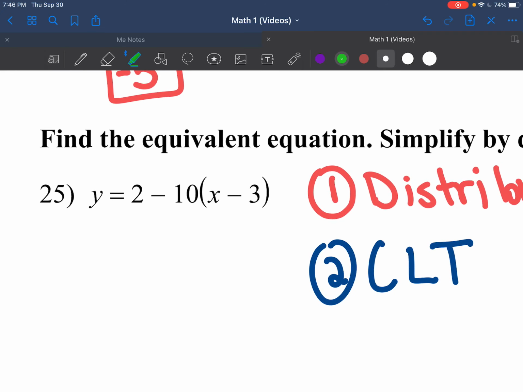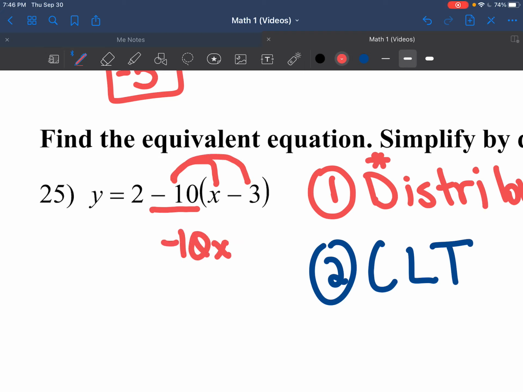So the number in front of my parentheses is a negative 10. So I will distribute negative 10, which means multiply. So negative 10 times x is negative 10x. Negative 10 times negative 3 flips its sign, so it becomes a positive 30. I didn't mess with anything else, so I just bring it on down.